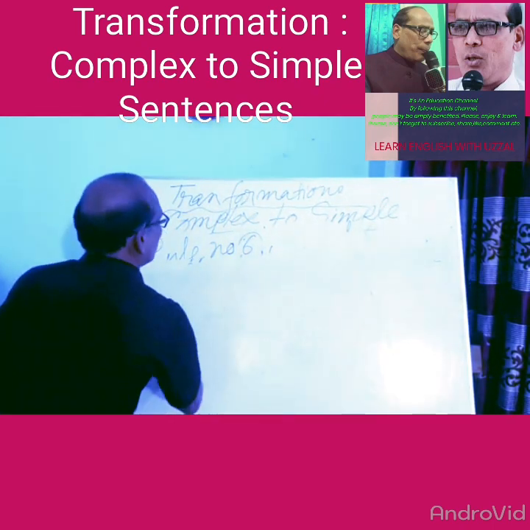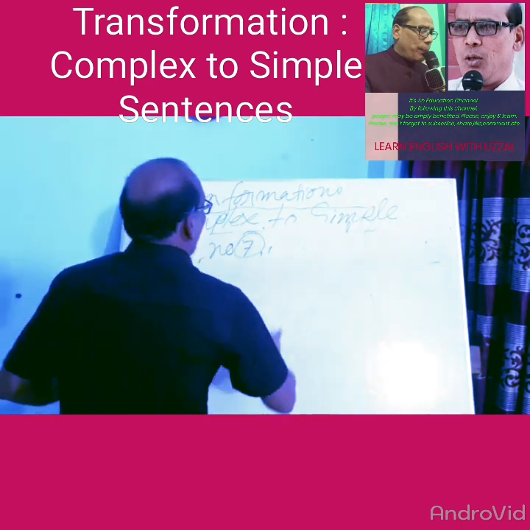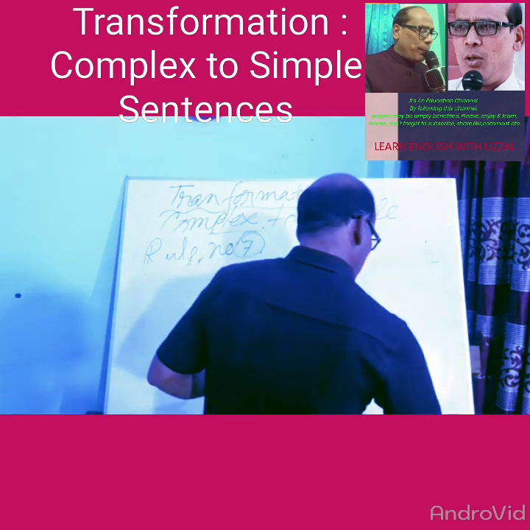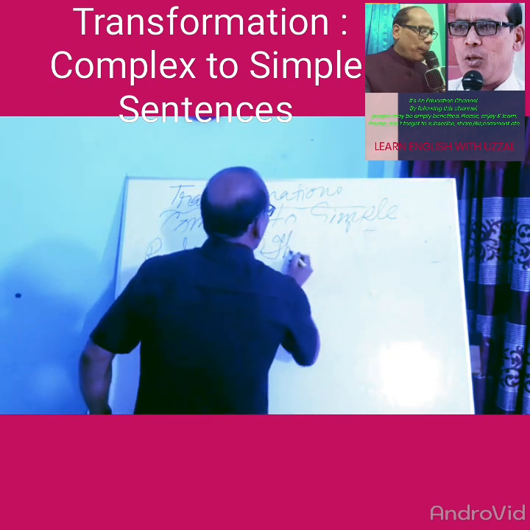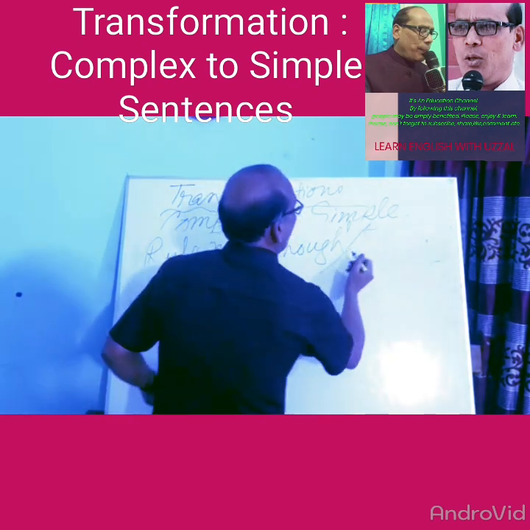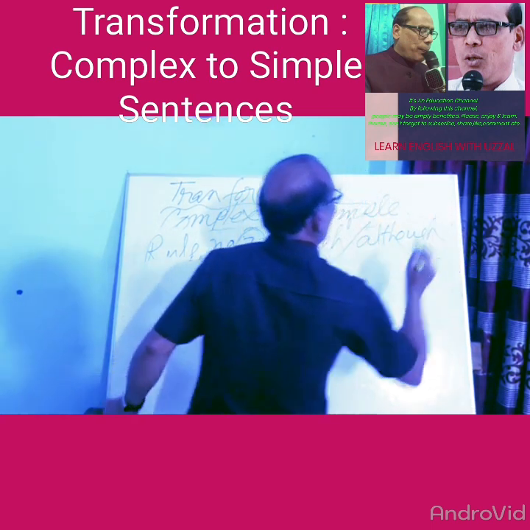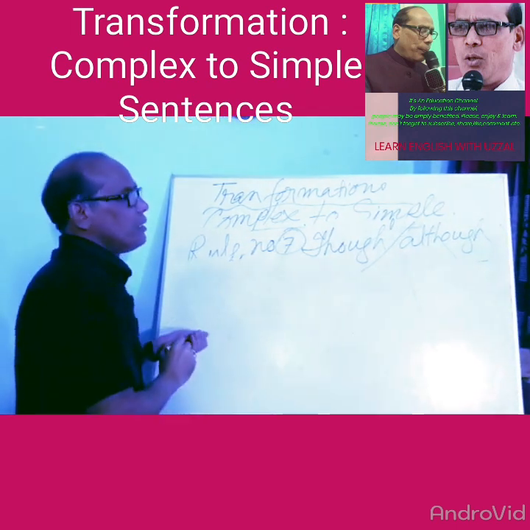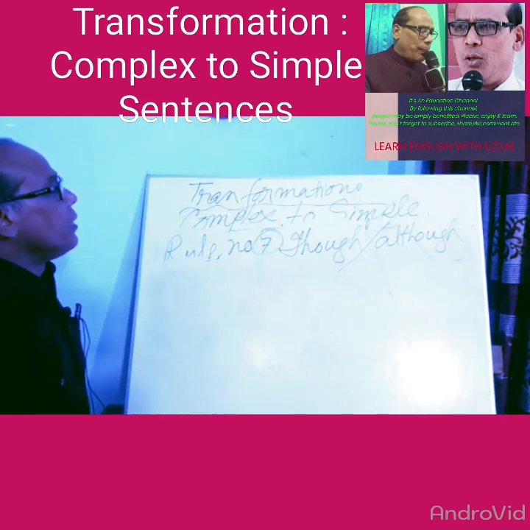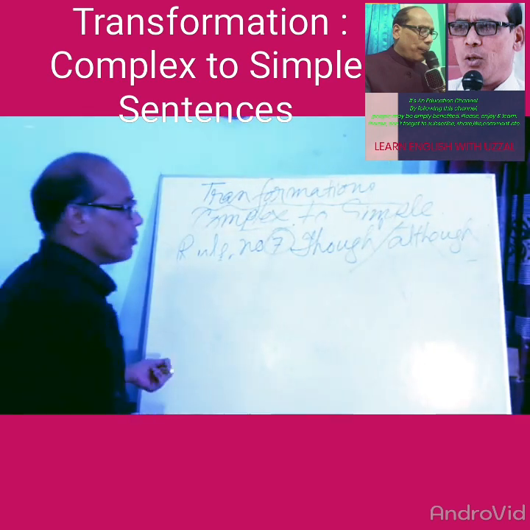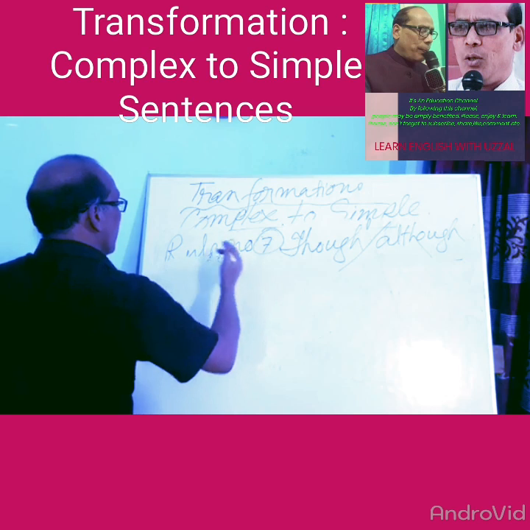And next rule, rule 7: though, although. If we find in any complex sentence "though" or "although", that means if "though" or "although" makes any complex sentence, we will have to change this into simple in another way.